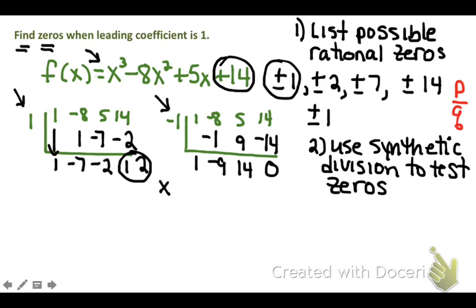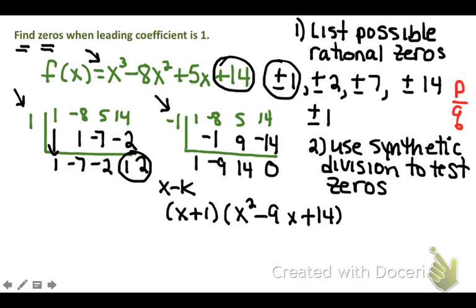Recalling we use x minus k, so when we factor, this is actually x plus 1, and then we have x squared minus 9x plus 14.